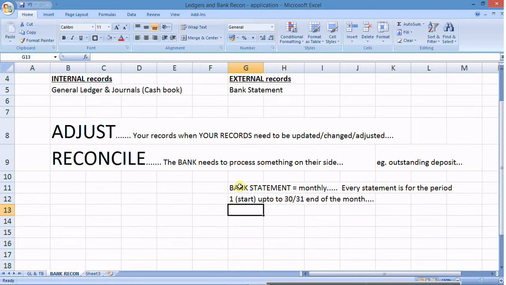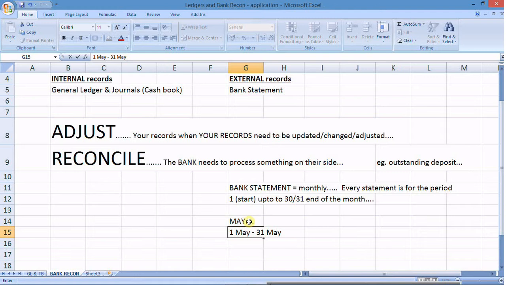Let's look at May. If I have the month of May, you'll have 1 May to 31 May. Does May have 31 days? Yes. Okay, 31 days, May.